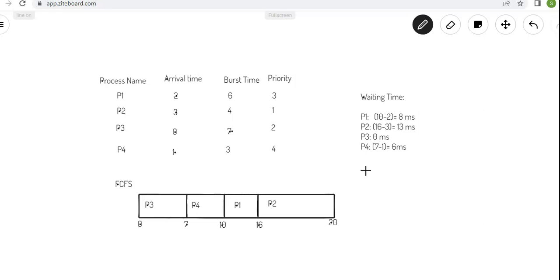Next, we need to calculate the average waiting time. The average waiting time is the sum of all these values divided by the number of processes. So here it is 8 plus 13 plus 0 plus 6, divided by the number of processes, which is 4.